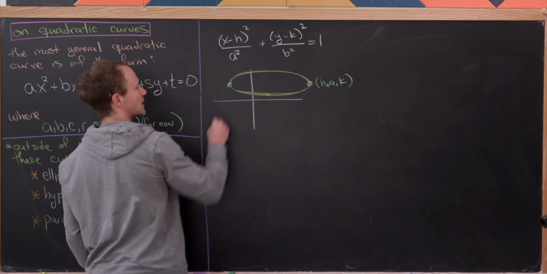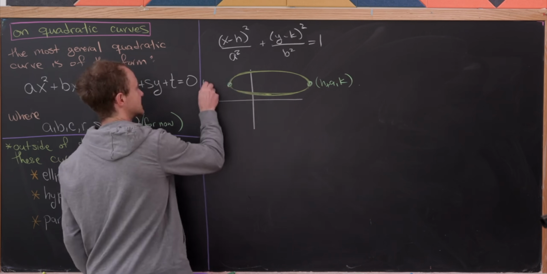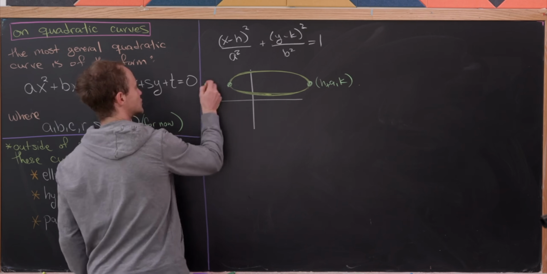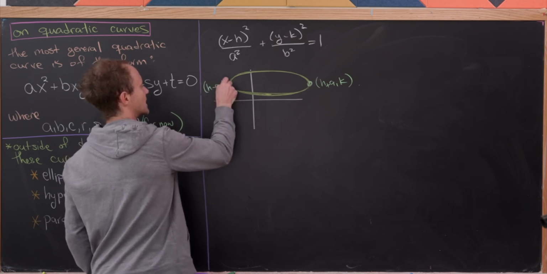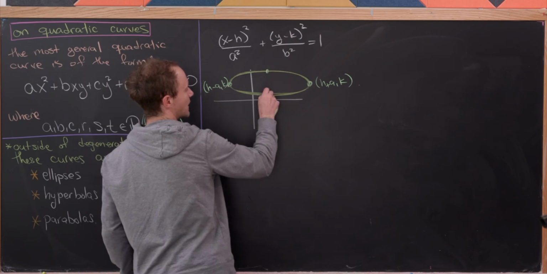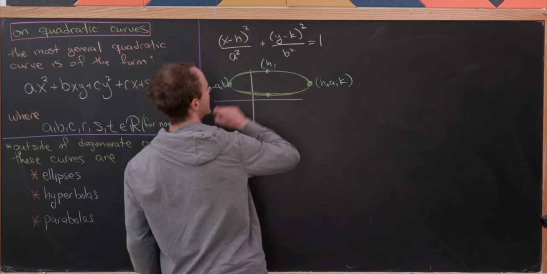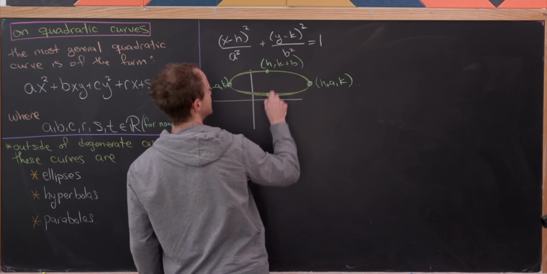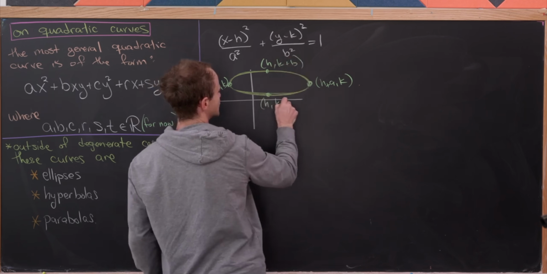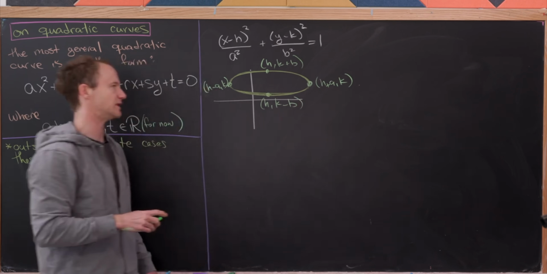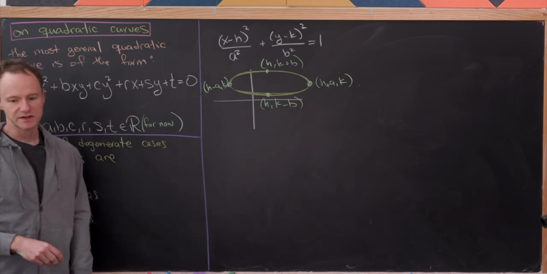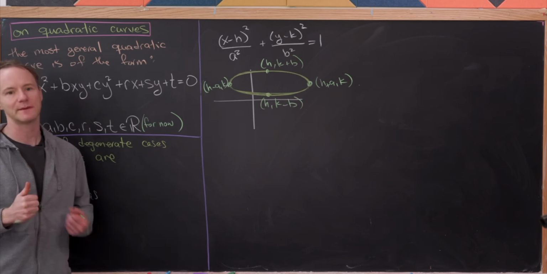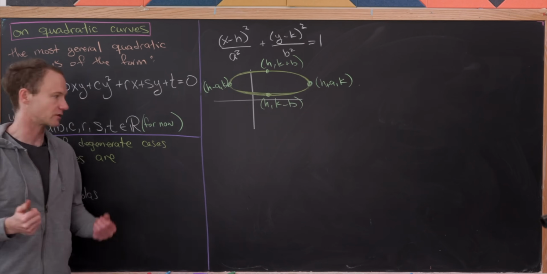And this over here, which is also on the major axis, would be h minus a, comma k. And then up here on the minor axis, we have h, and then k plus b, and here we have h and k minus b. Okay, so there's our very simple ellipse that isn't a circle.